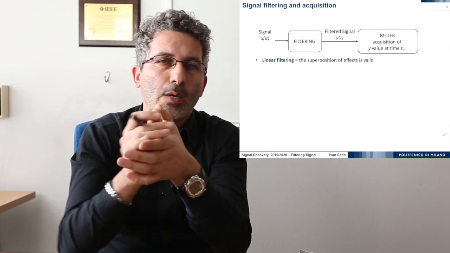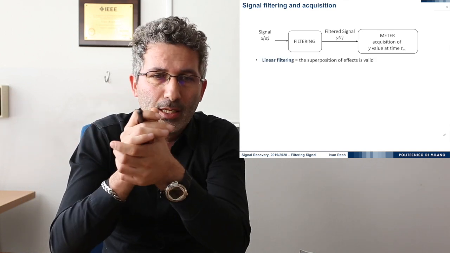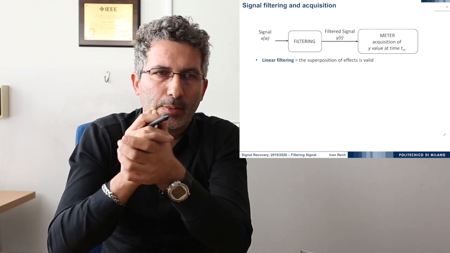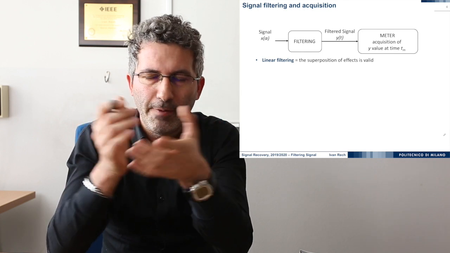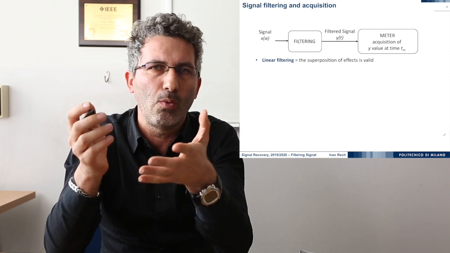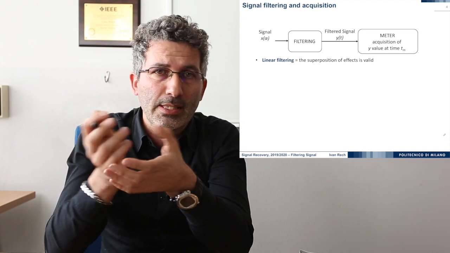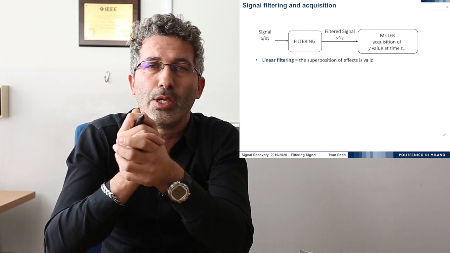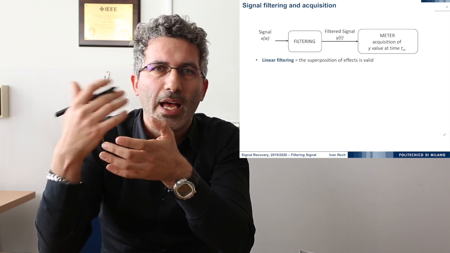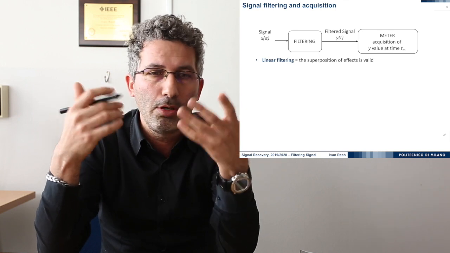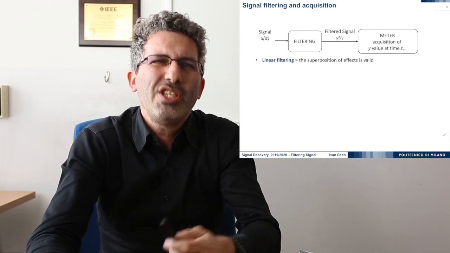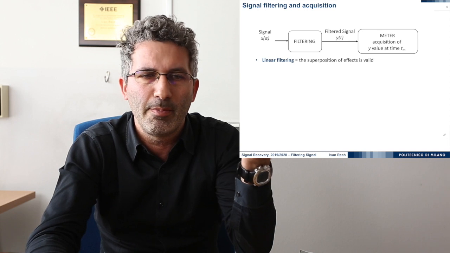So we are studying linear filters, so we can use the superposition of the effects, and we start from the digital one, I mean a discrete time one. Why? Because it's easier to understand, and it's the filter that you can use, for example, in DSP, FPGA, microcontroller, or something similar. What is the definition of discrete time filtering?